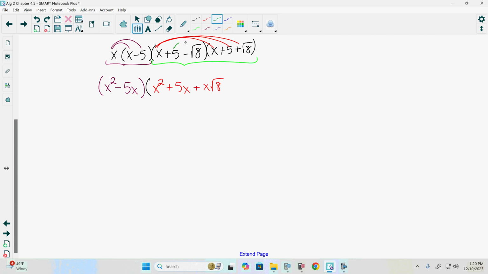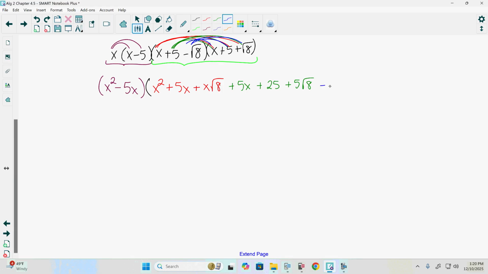Then we'll do the same thing with our positive 5. 5 times x is plus 5x. 5 times 5 is plus 25. 5 times the square root of 8 is plus 5 square roots of 8. And lastly, negative square root of 8, we're going to distribute it.